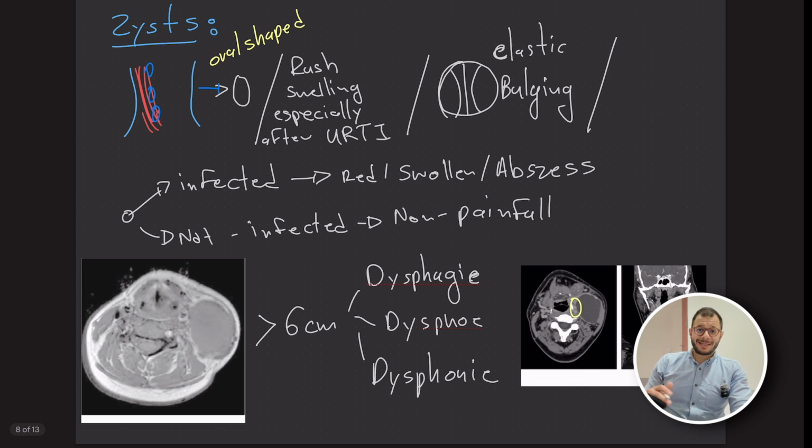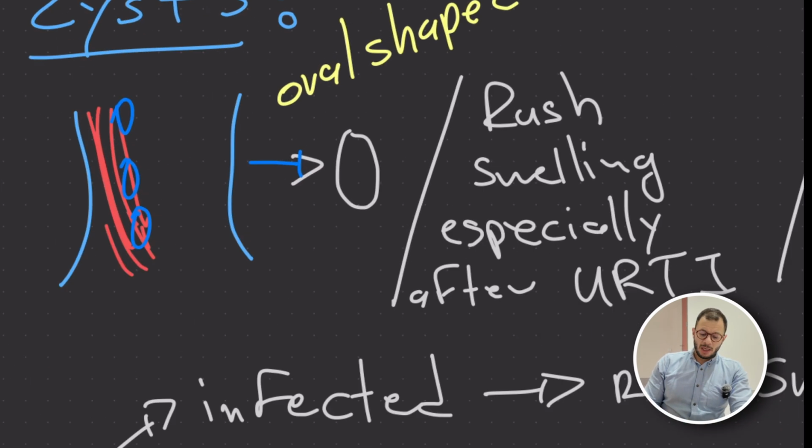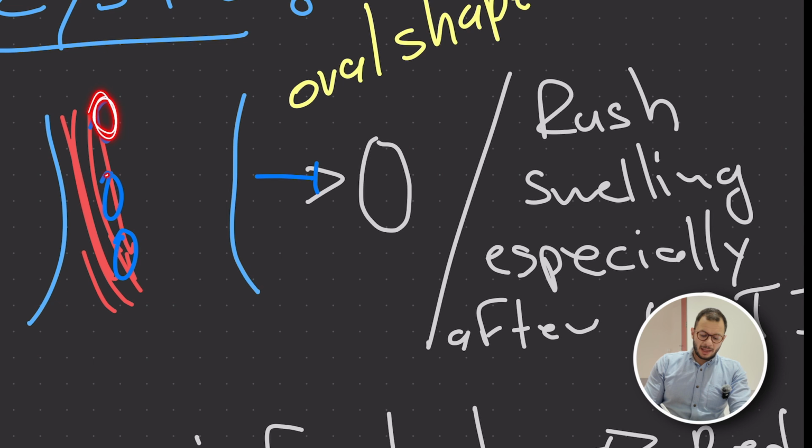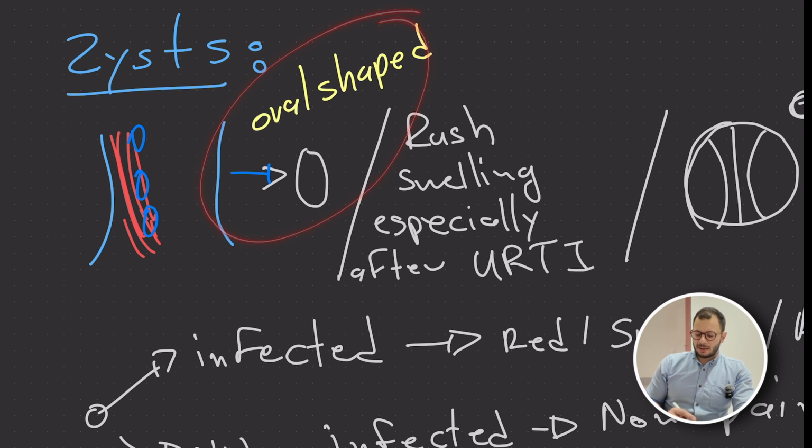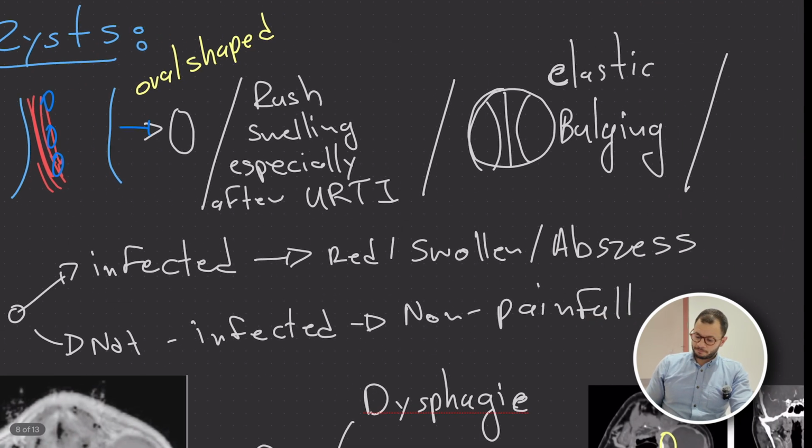Now, if we're talking about cysts, as you can see here in the picture, the cysts are also forming at the anterior border of the sternocleidomastoid muscle. They usually have an oval shape, and the patients coming to us are mid-20s, late 30s, yes, these ages, and they have a rapid swelling in this area, especially after an upper respiratory tract infection.